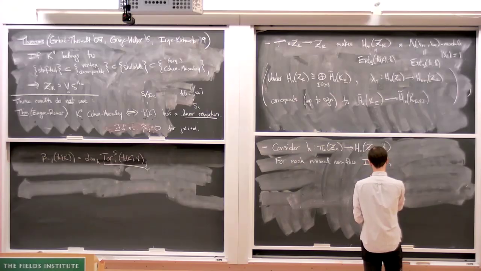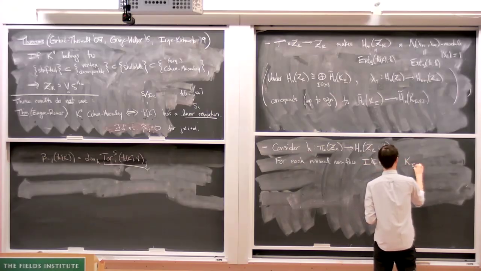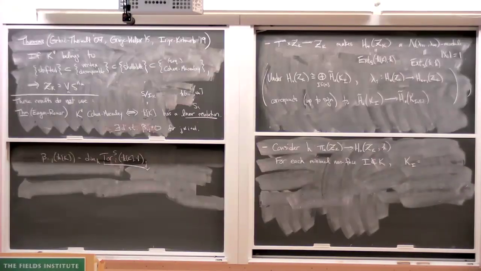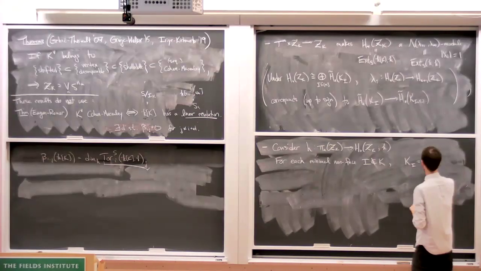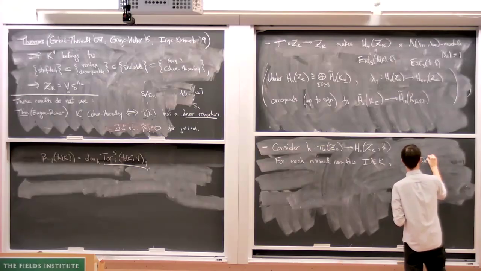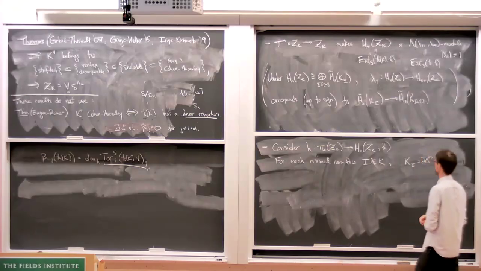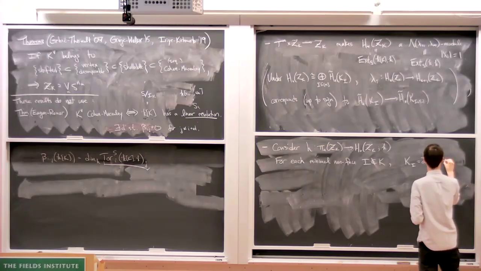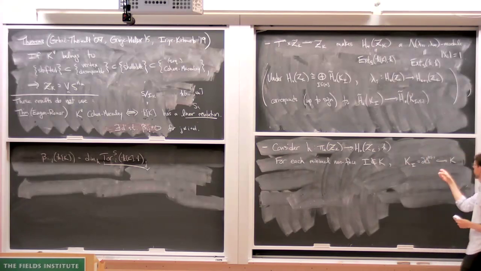For each such thing, you could look at the full subcomplex on that vertex set. Because it's a minimal non-face, it's just going to look like the boundary of a simplex. So this is looking like the boundary of an (I-1)-dimensional simplex sitting inside K somewhere. And you could just consider the inclusion of that small induced subcomplex into the whole thing. And that's going to induce a map of moment angle complexes. And we already decided as our first example that the moment angle complex associated to the boundary of a simplex is a sphere.